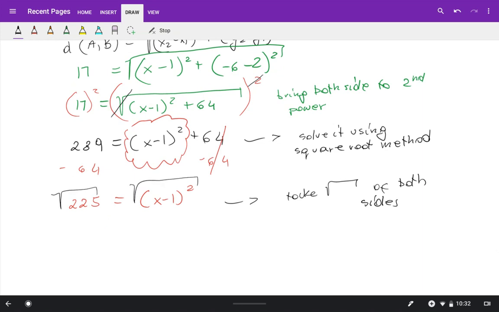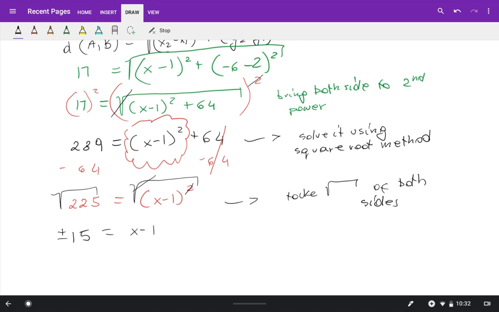So the square root of 225 will give you 15. And don't forget that when you take the square root of a whole number, you always have a positive or negative solution. That's why I'm putting plus and minus. And when you take the square root of the second power, that just cancels and you end up only with x minus 1.